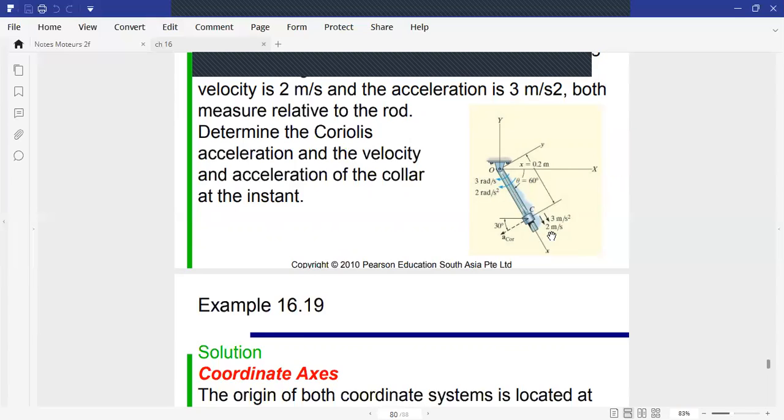Therefore, in this frame, the relative velocity is plus 2i. The relative acceleration is plus 3i. Vector OC is along small i. It's plus 0.2 small i. And of course, alpha and omega will be along which axis?